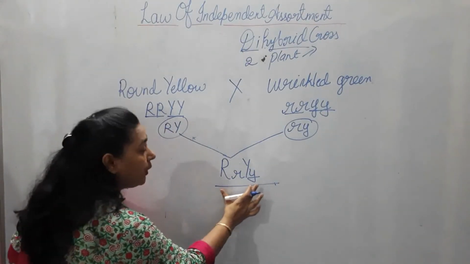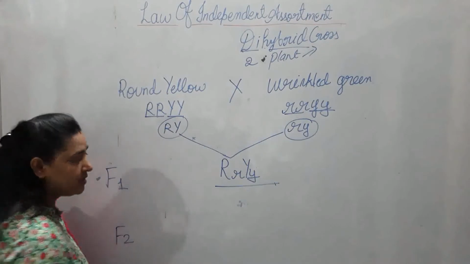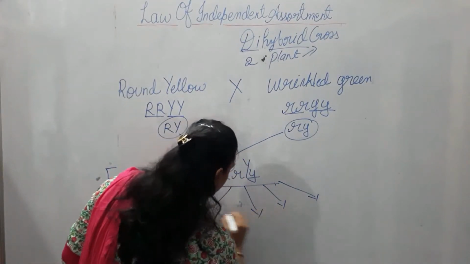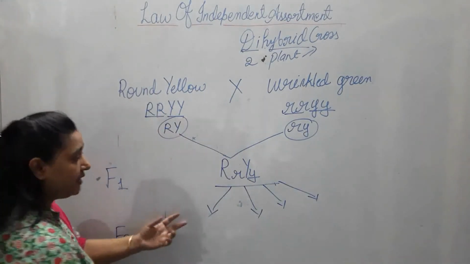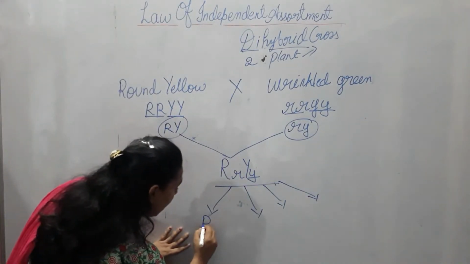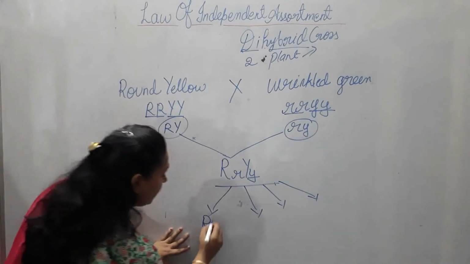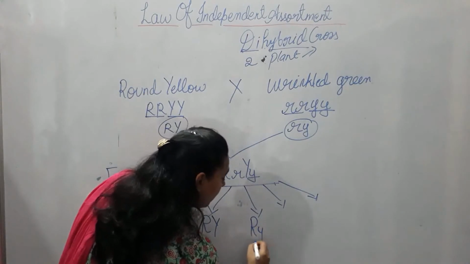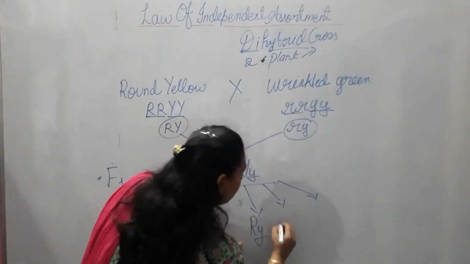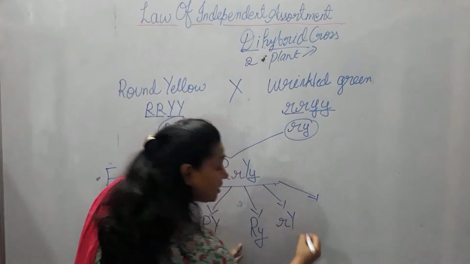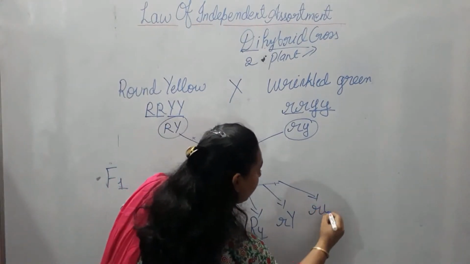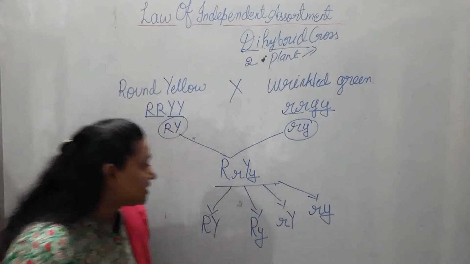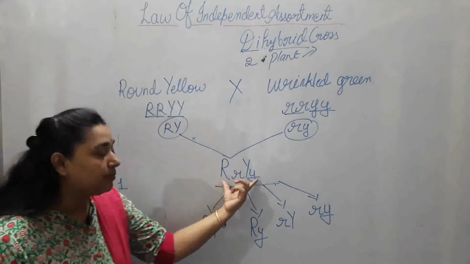When he made gametes, he got four different gametes: capital R with capital Y, capital R with small y, small r with capital Y, and small r with small y.